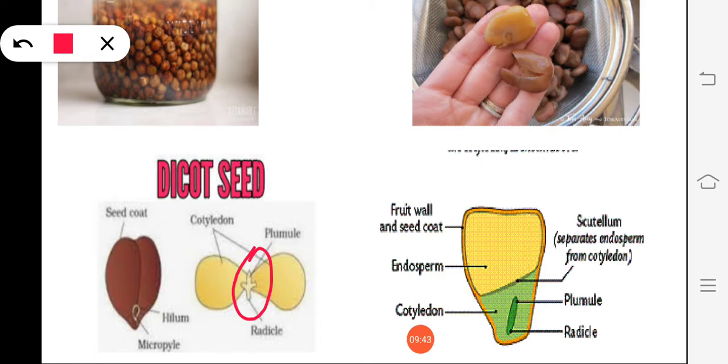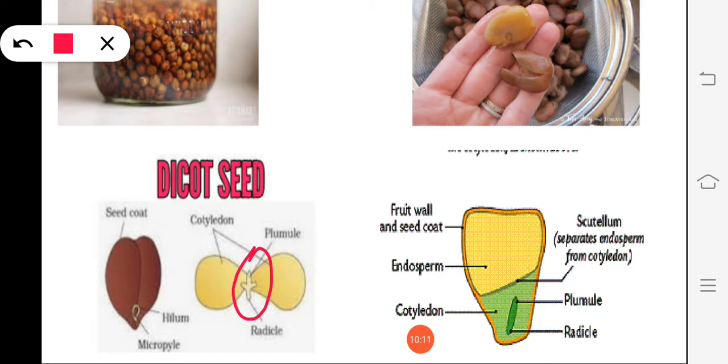The seeds that have two cotyledons, for example bean, pea and gram, are called dicotyledons. In dicot seed, the cotyledons are two in number. The cotyledons are joined by the embryo.